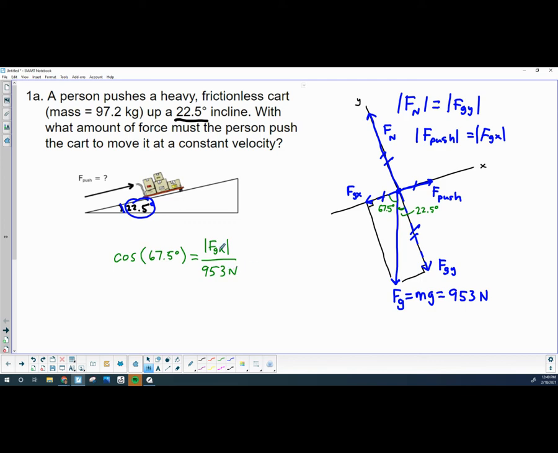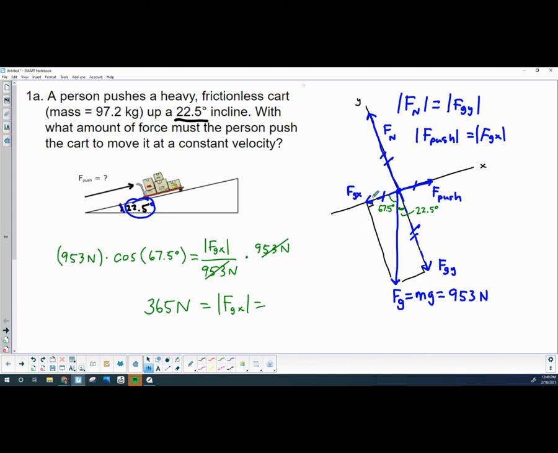So to find the magnitude of FGX, I'm going to multiply both sides by 953 newtons. That will cancel. 953 newtons times the cosine of 67.5 degrees happens to equal 365 newtons. That is the magnitude of FGX.